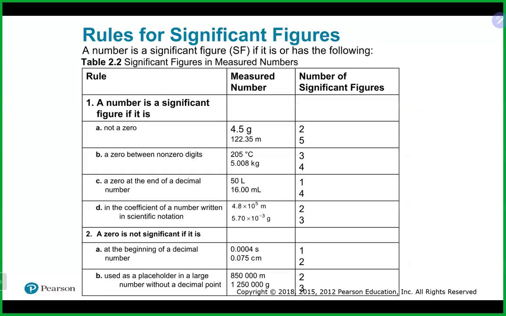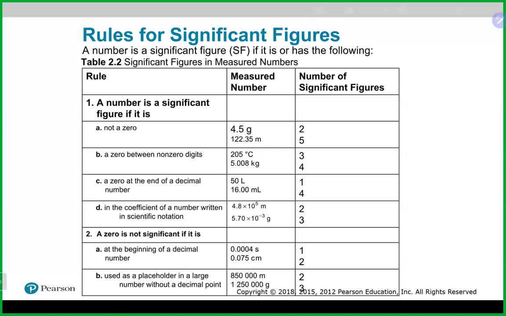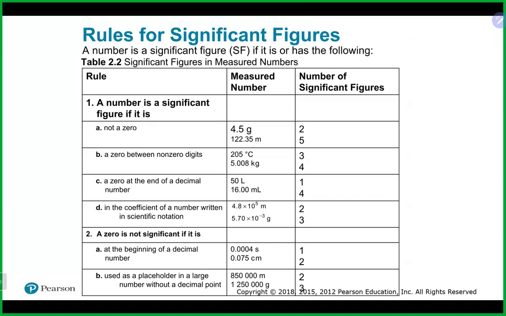All right, so we take a look at some of these rules we were talking about here. Anything that is not a zero is going to be significant. So these both are going to be significant, with the 5 being the uncertain. All of those numbers are going to be significant. Here we would start counting at the 2. The 0 would be significant because it's trapped, and the 5 would be significant as well.